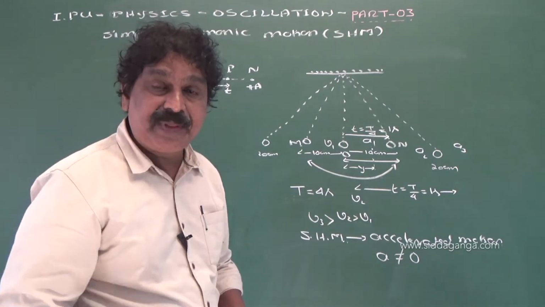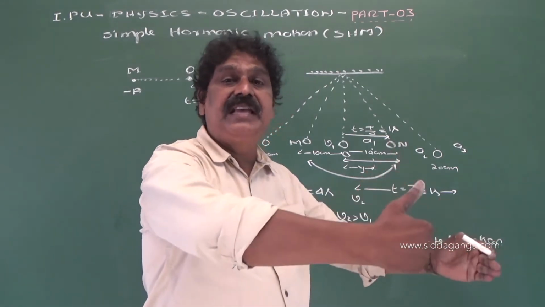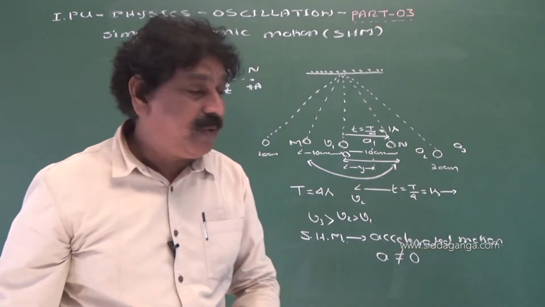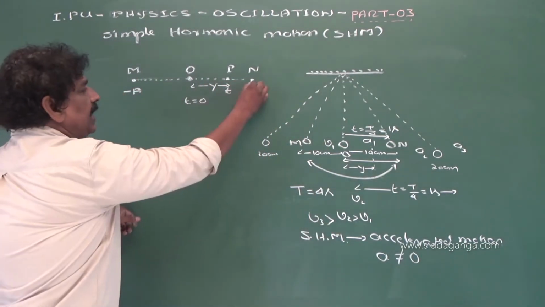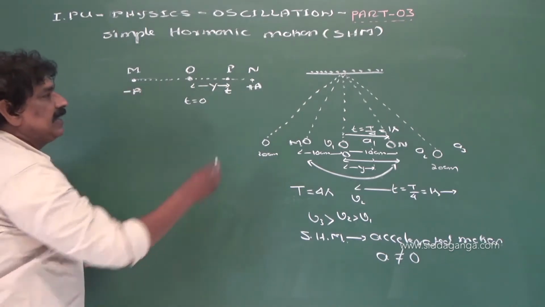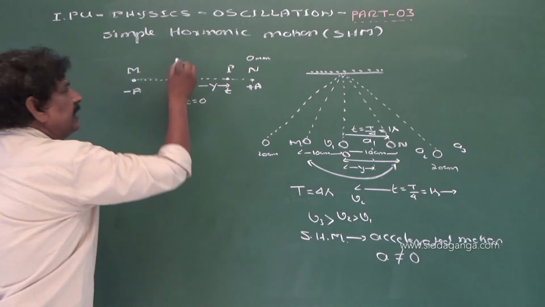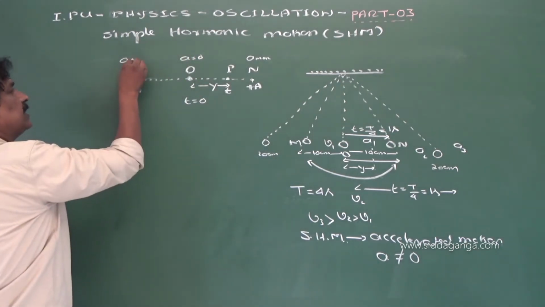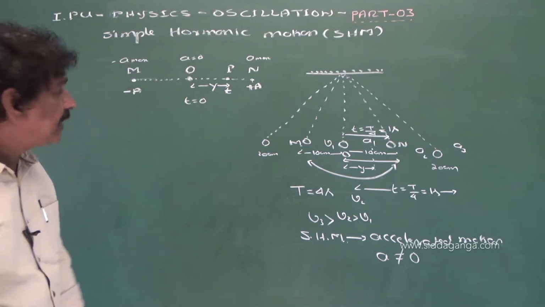That means acceleration increases with increasing amplitude, that is, maximum displacement. Even between the two extreme positions, say M and N, here acceleration is maximum. Here acceleration is equal to 0, here acceleration is maximum and of course in the opposite direction.